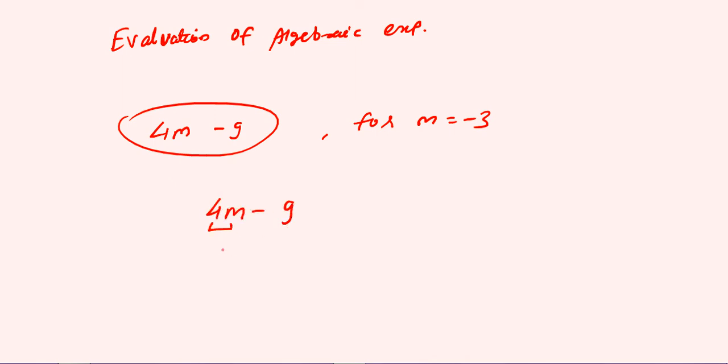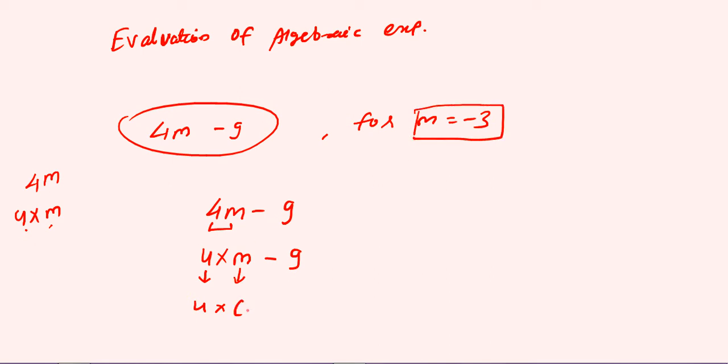As I told you in chapter 20, substitution, whenever you have a constant and a variable, the relation between them is multiplication. So 4 into m. So simply you can write this as 4 into m minus 9. Now 4 stays the same, into the value of m. As you can see, m equals minus 3. So put minus 3 here, minus 9. So 4 into minus 3 is minus 12, minus 9.